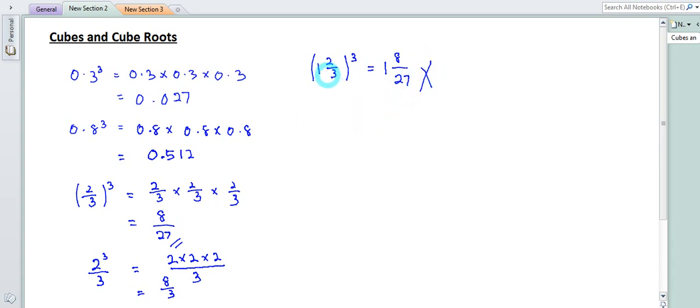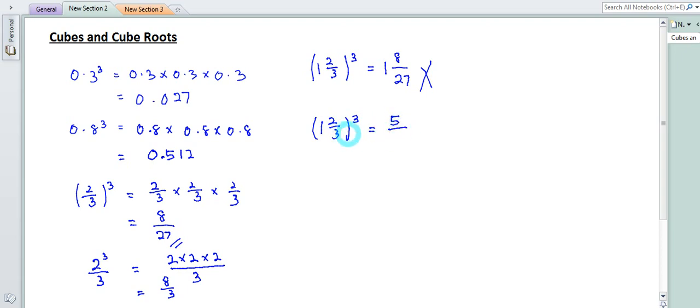The first thing we want to do is to change this mixed number into an improper fraction. This is a mixed number. We need to change this one into an improper fraction. How to do that is very easy. You learned it in primary school, right? 1 times 3, you get 3, and plus 2, we get 5.